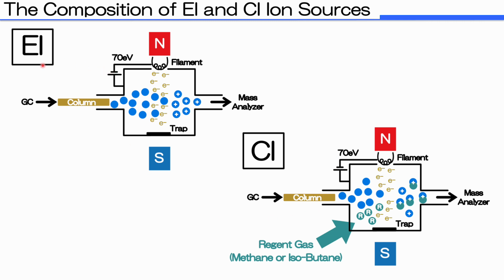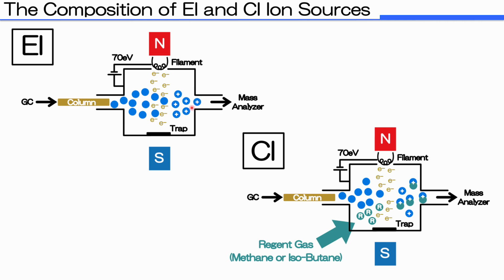The EI procedure generates electrons at the filament. This filament is applied at 70 electron volts most of the time. Then the electrons collide with the compounds and they will be ionized.